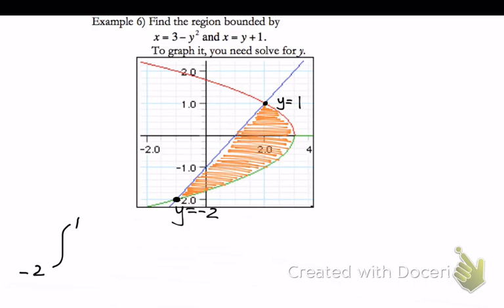Of the top function, which you guys said was the parabola, 3 minus y squared, minus the bottom function, which you guys said was the line, y plus 1. Now notice that we're talking about everything in terms of y now. So instead of dx at the end, what should I write? dy.